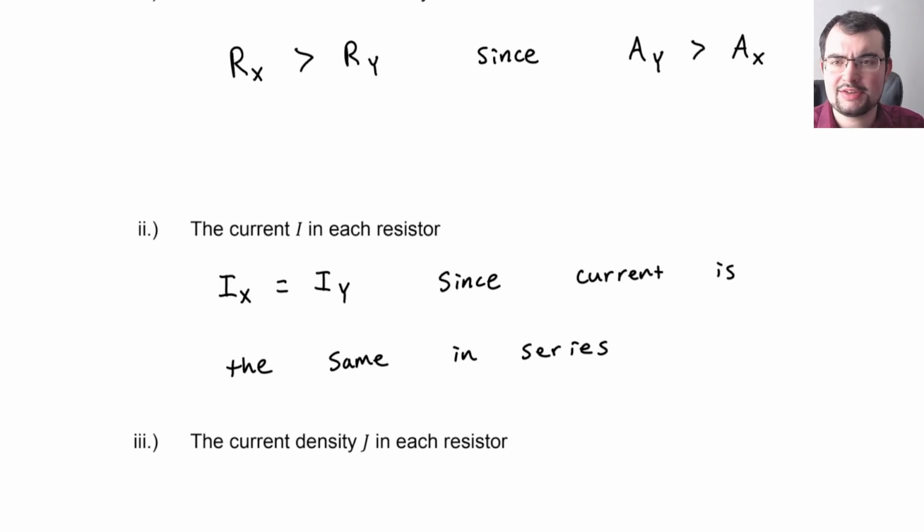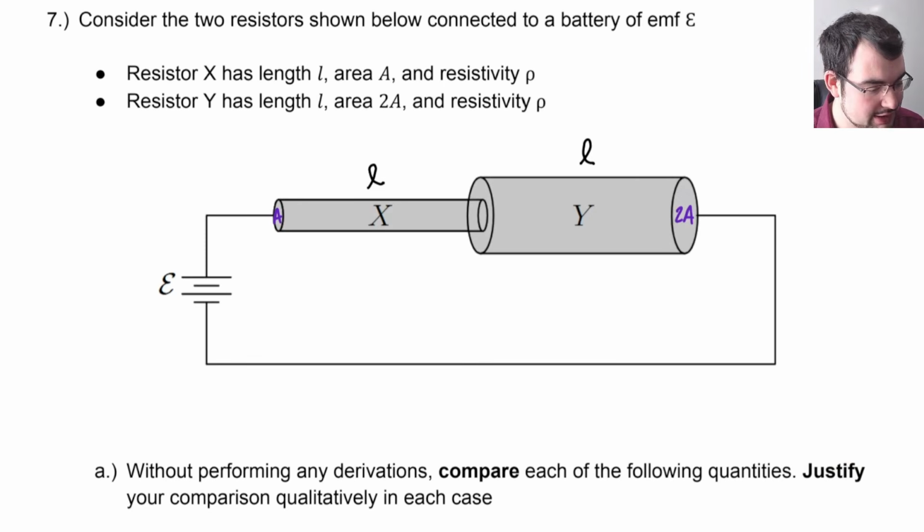So what does the size affect? Well, the size is going to affect the current density. So we have two resistors. They receive the same current because you can't just vanish the amount of charge.